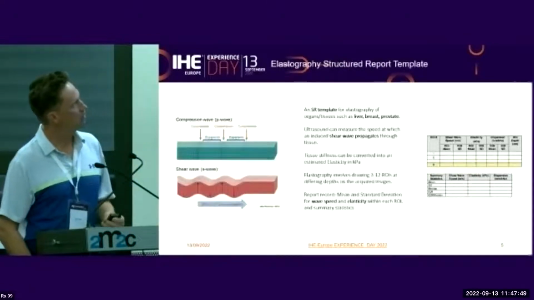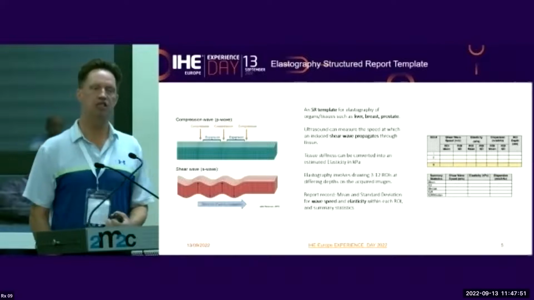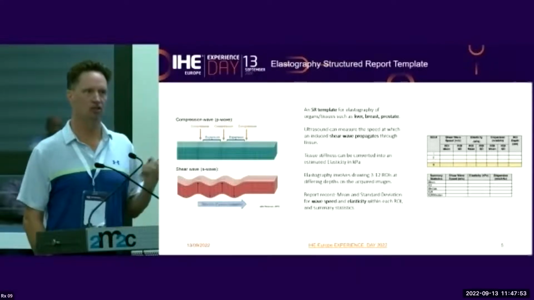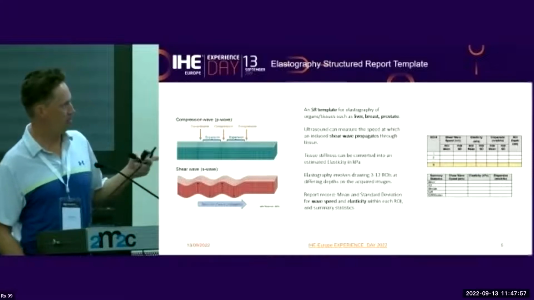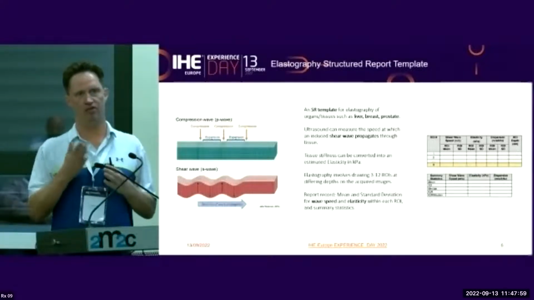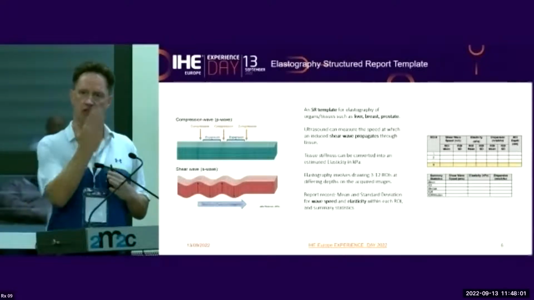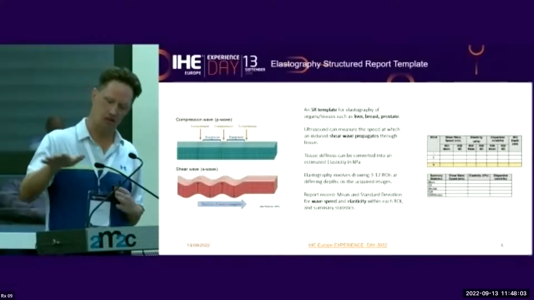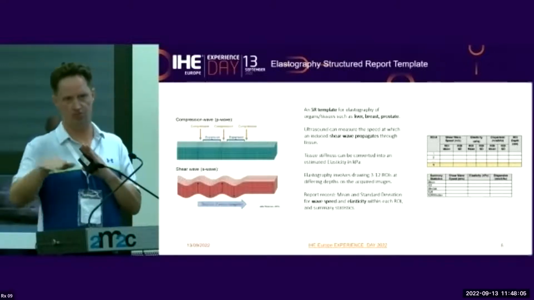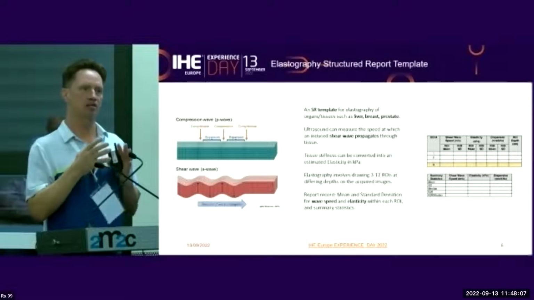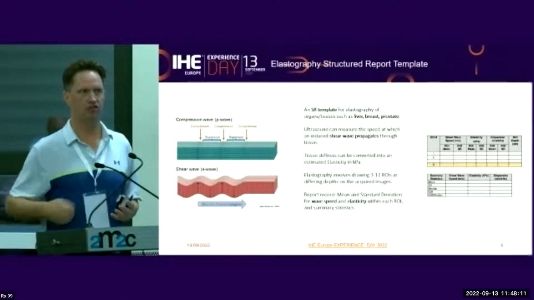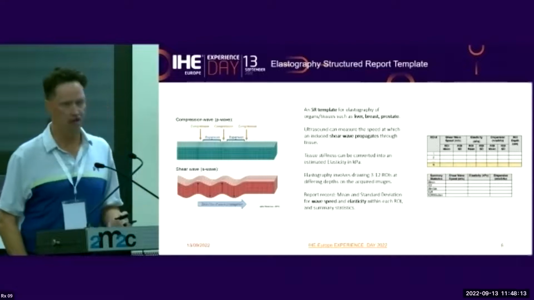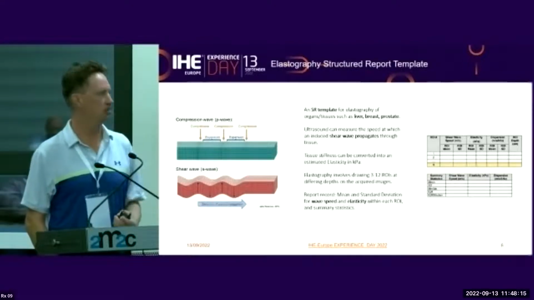The next one is a small piece of a report. So this is an ultrasound report where you want to capture a shear wave. That is a wave where the motion is at 90 degrees to the direction of propagation of the wave. And there you can record stiffness in different tissues like the liver or the prostate or the breast.